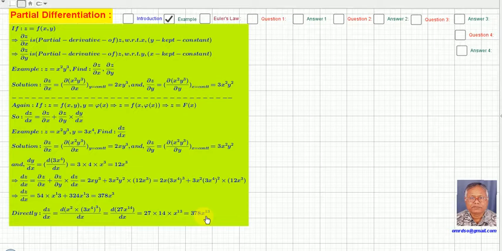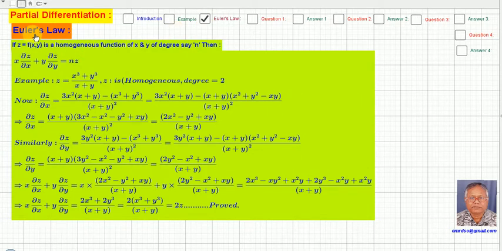Alright. One very important theorem which is used in partial derivatives, out of which several questions are asked, is known as Euler's theorem. What is that? Let us explain. If z is a function of x and y, and is a homogeneous function of x and y of degree n, then x del z/del x plus y del z/del y is equal to n into z.